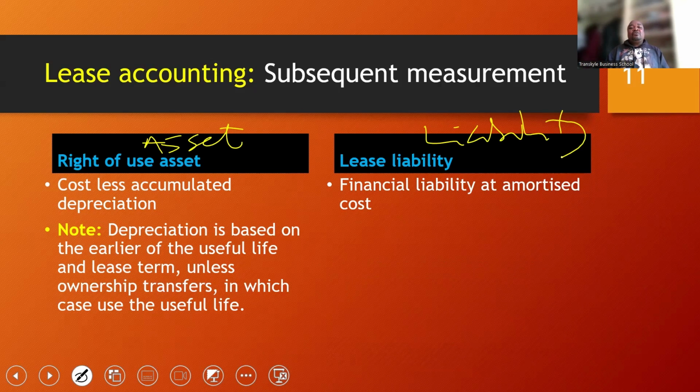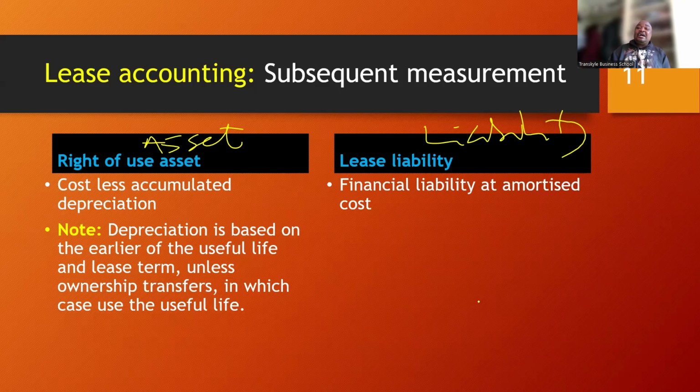It is going to be measured at cost less accumulated depreciation. But remember, IFRS 16 allows the subsequent measurement to be at the entity's choice, depending on the asset. Some might want to use the revaluation or fair value method. You're allowed to do so.